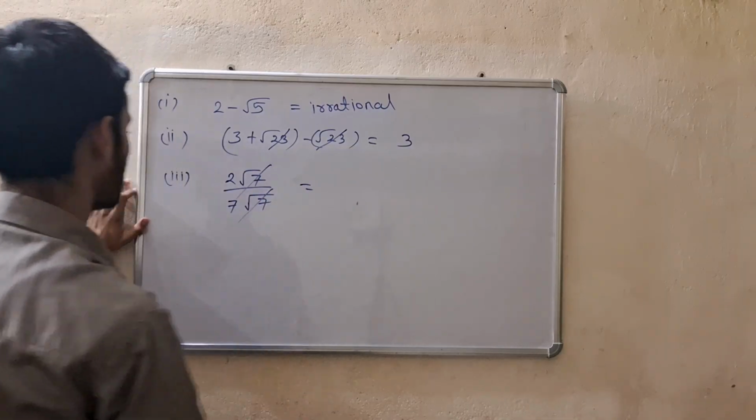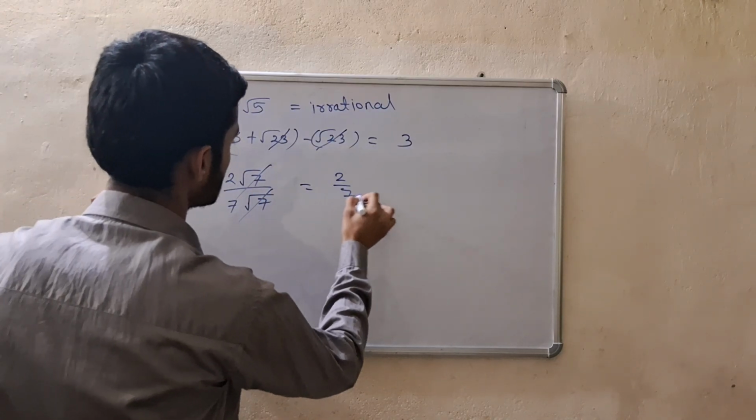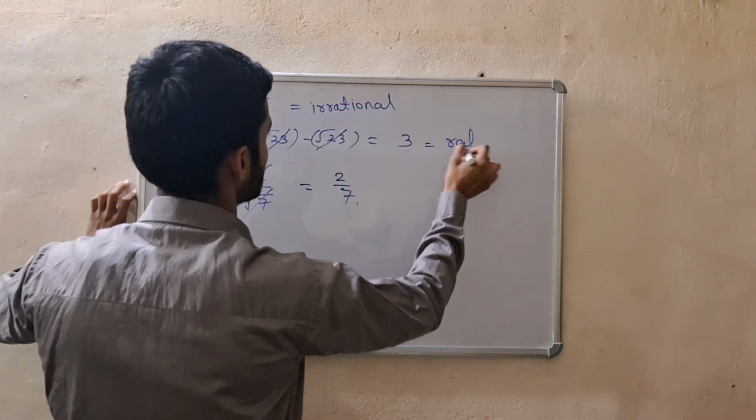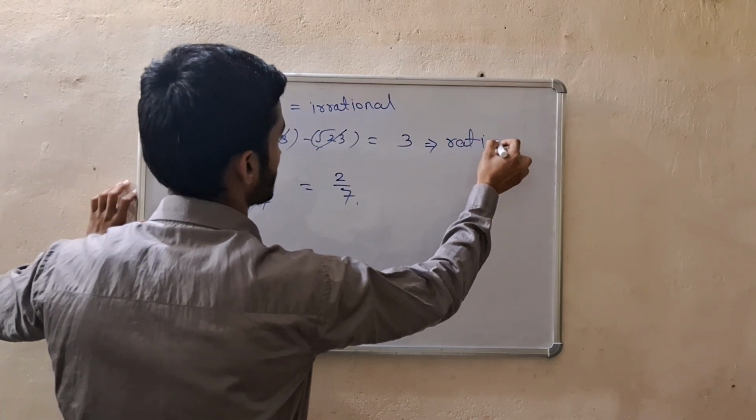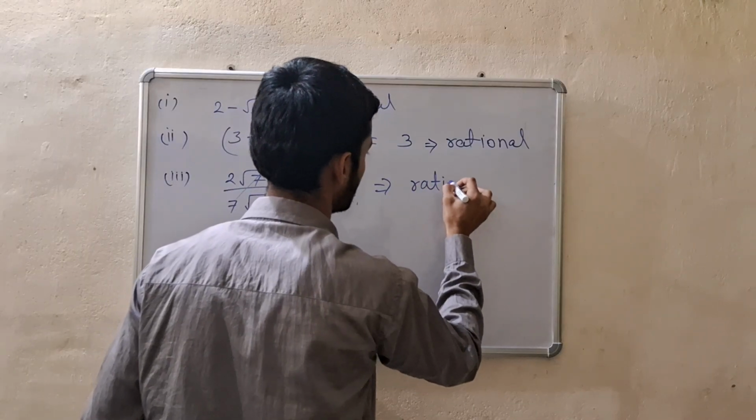Now square root of 7 cancels with square root of 7 in the denominator, and we get 2 upon 7, which is rational.